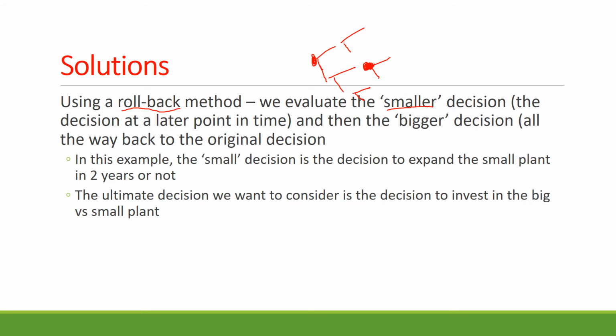So in the decision tree analysis, we want to work out the value of this decision here first using the NPV analysis. Then from here we work backwards. So once we know which branch to choose from this decision tree, we then use that to work backwards here.